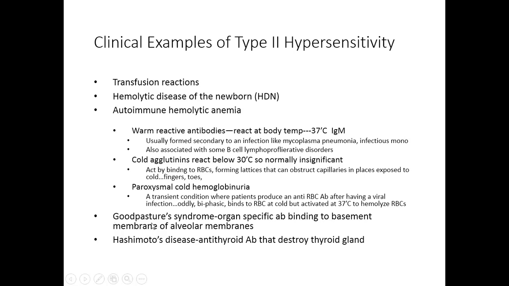Goodpasture syndrome is an organ-specific antibody that binds to the basement membrane of the alveolar membranes. And Hashimoto's is an antithyroid antibody that actually can destroy the thyroid gland. So that's how those two diseases are related to type 2 hypersensitivity.